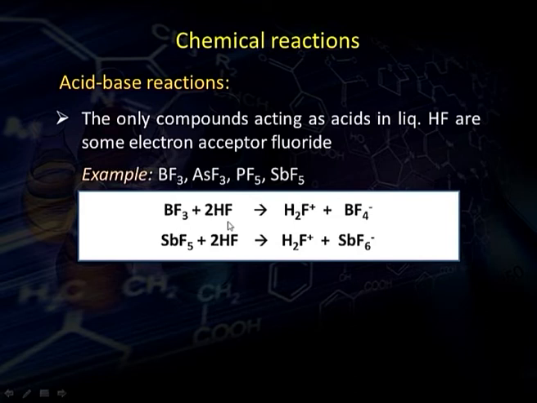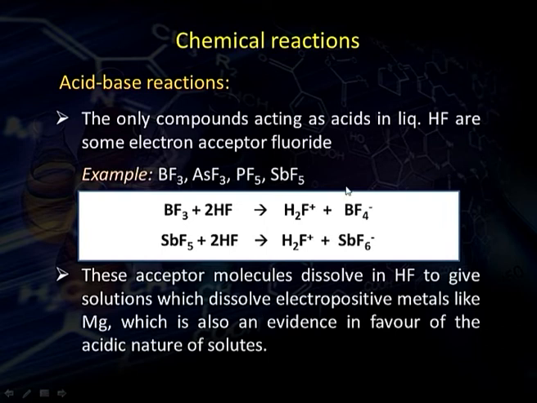BF3, when it reacts with HF, forms H2F positive plus BF4 minus. So, it is furnishing H2F positive, that is a fluoronium ion, hence it behaves as an acid. Similarly, SbF5, when it reacts with HF, forms again a fluoronium ion and SbF6 minus, hence this SbF5 is an acid.